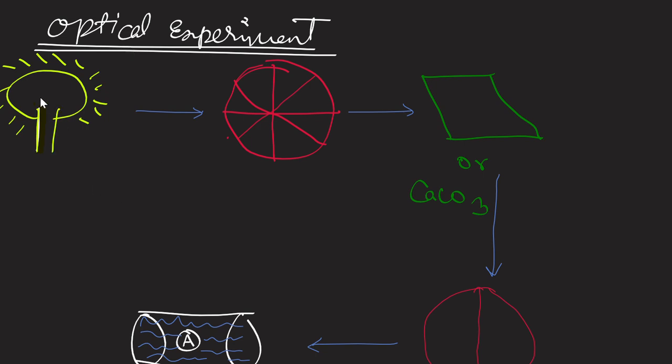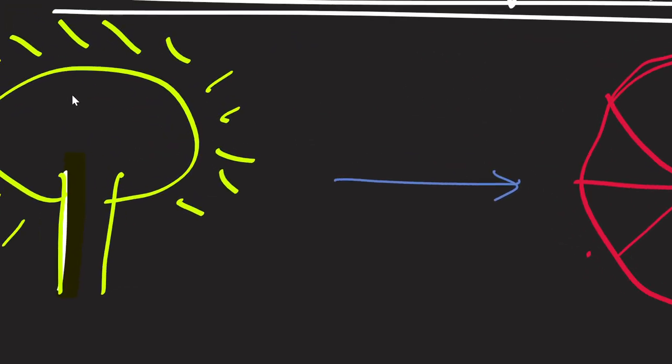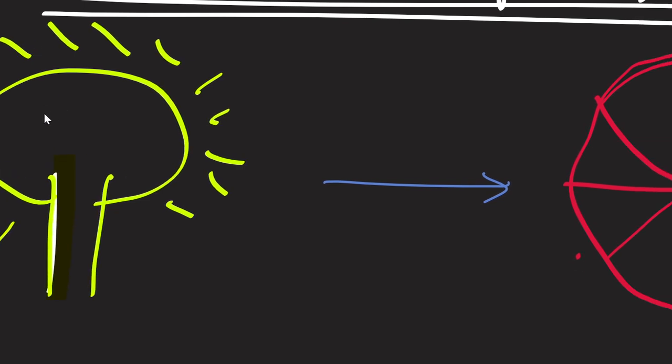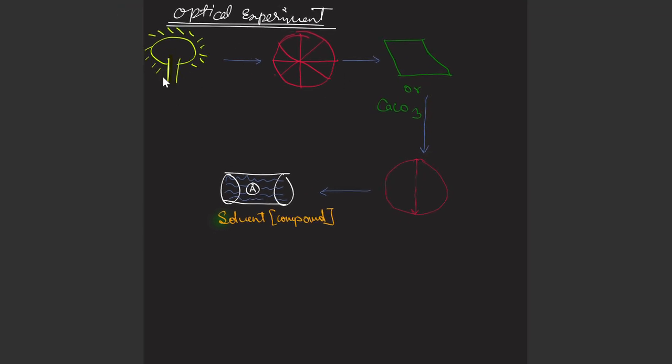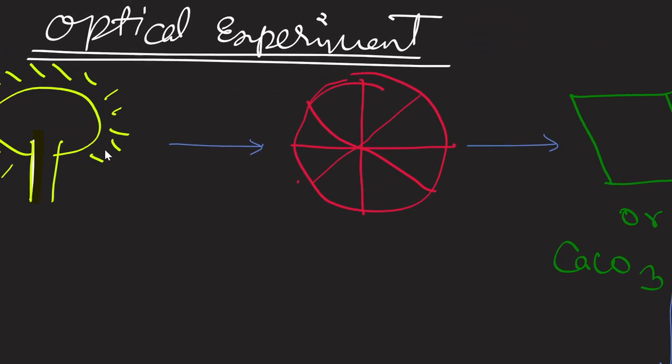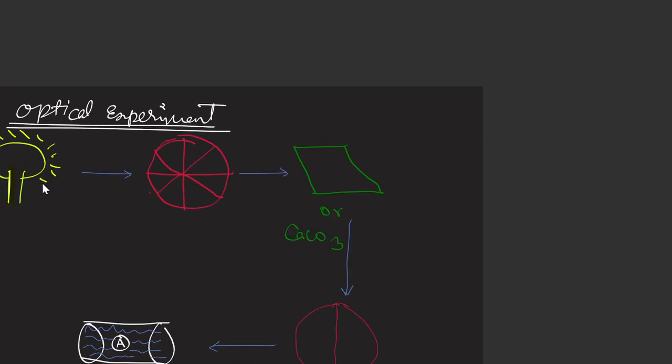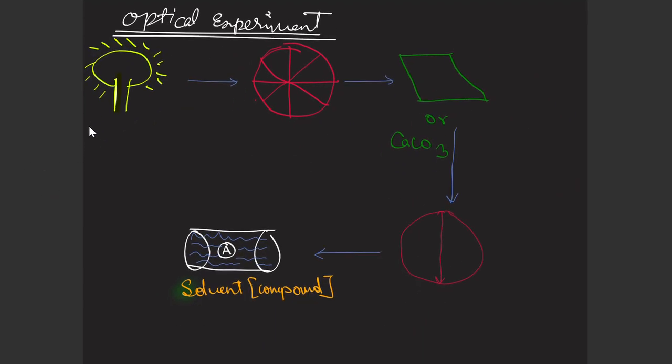So at first there is a light emitting source. For it I have taken a source that produces light.